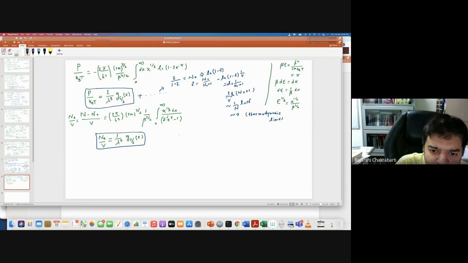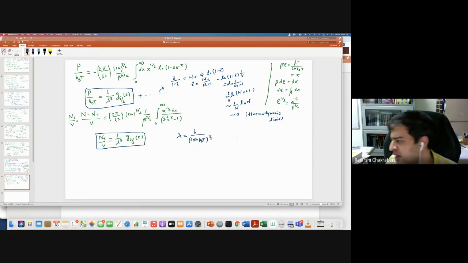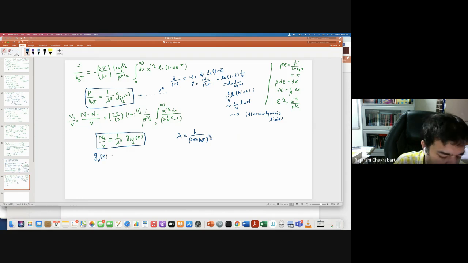So here I have to define a few quantities. Lambda is given by this. This is called the de Broglie thermal wavelength. But I'm not writing it here. That doesn't matter. But this g is a function actually, g nu of z. These are actually called Bose-Einstein functions.